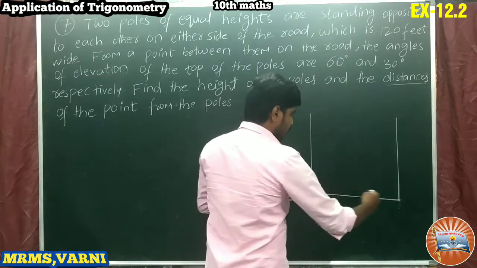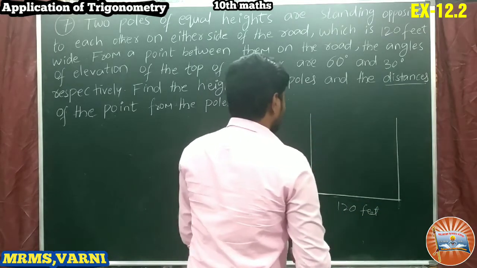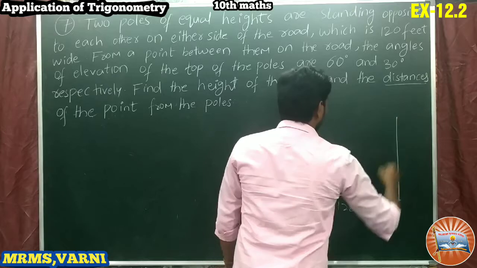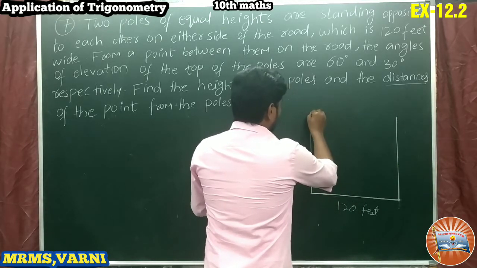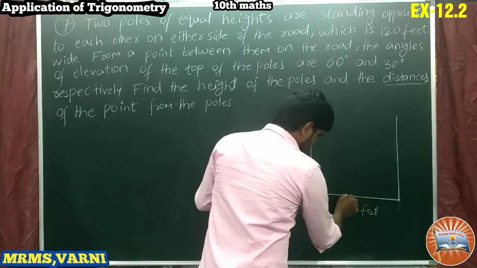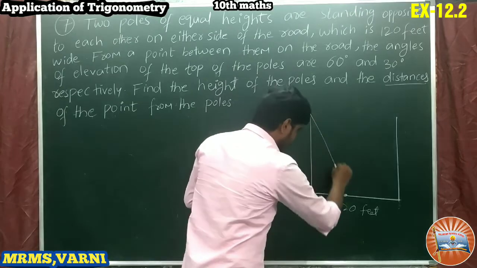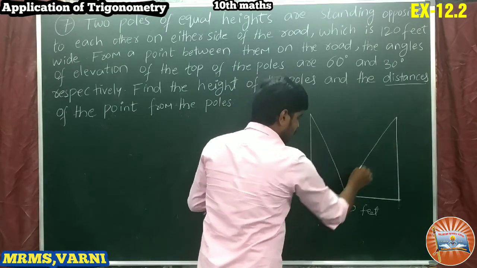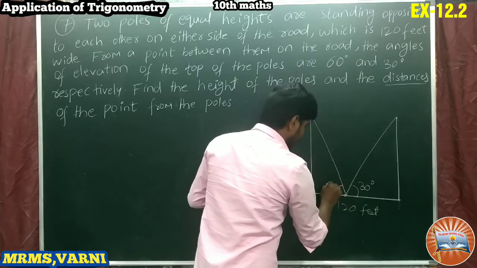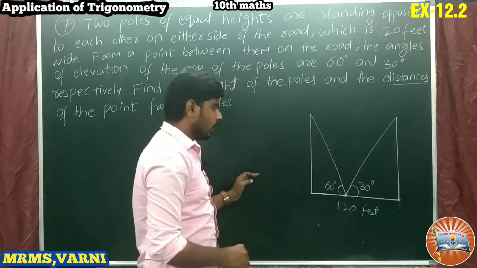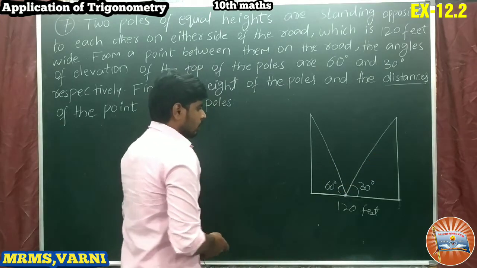It is nothing but the distance between these two, that is 120 feet here. These two have the same height. From a fixed point, the angle of elevation of one pole is 60 degrees and of the other is 30 degrees. This is 30 degrees and this is 60 degrees. If you want to take this as 60, you can, no problem. Right, this is the diagram.